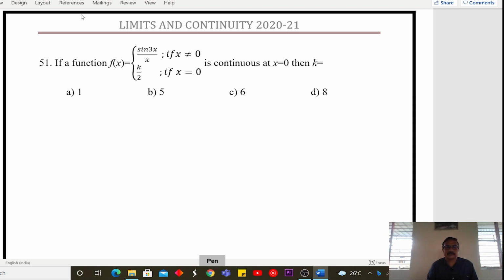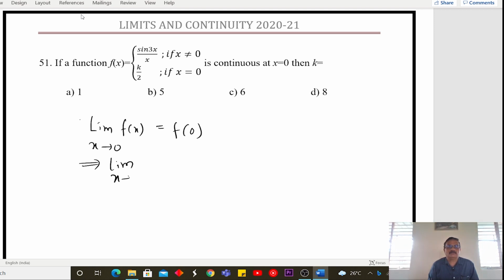Now here the given data says it is a continuous function, so to find the value of k, use the definition of a continuous function: the limit of f of x as x tends to 0 is equal to f of 0, right? This implies the limit of sin 3x divided by x as x tends to 0, and f of 0 value is k by 2.